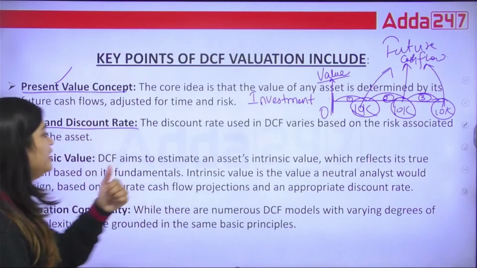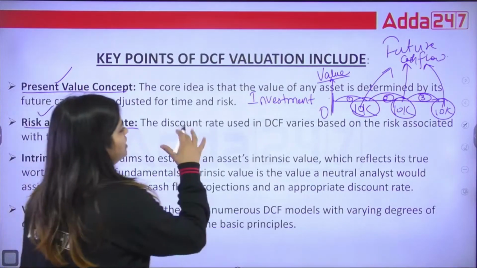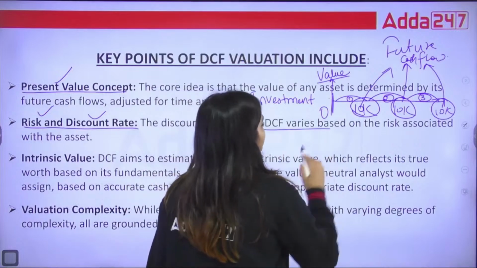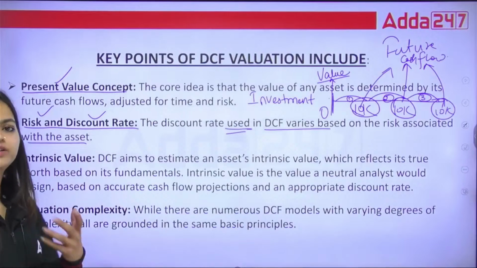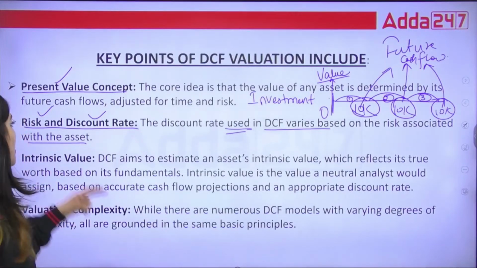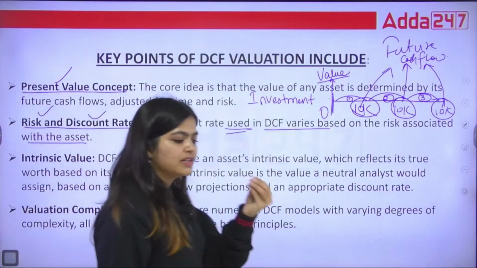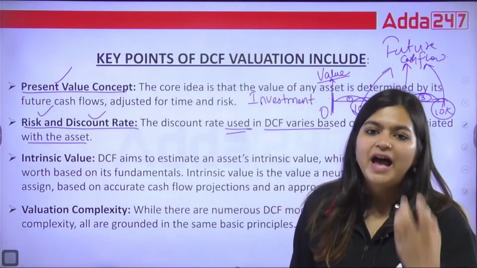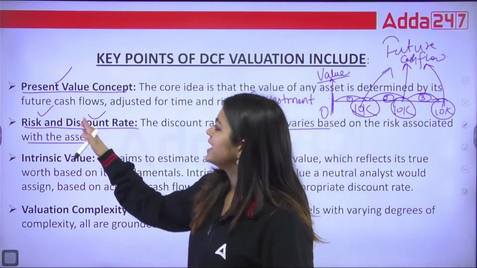For that, we need to use the risk and discount rate. Correct? So this rate is used in DCF, varying based on risk, your discounting and other factors for the asset. So the next term that we need to understand under DCF is your risk and discount rate.